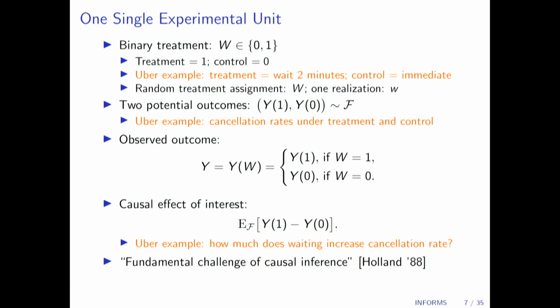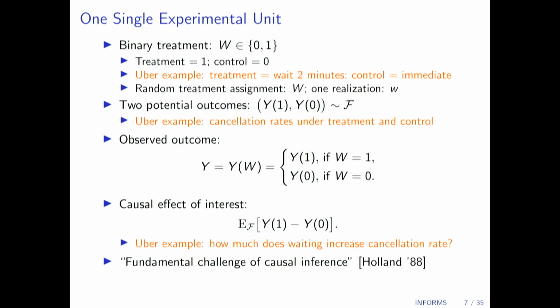And as I mentioned earlier, out of these two potential outcomes, you can either observe the treated outcome if you do treatment, or the control outcome if you do the control. So there's no way you can directly observe both of these outcomes at one time. In order to estimate the causal effect of interest, you can only observe one of the two quantities inside the expectation directly, and you have to come up with a counterfactual value.